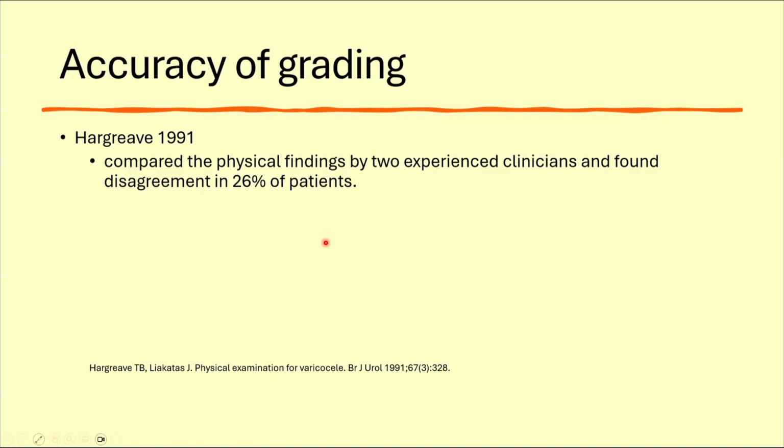And this is actually a problem because if we cannot accurately assign a patient into a certain category, how can we predict the future fertility problem, or use it as a predictor of testicular dysfunction?